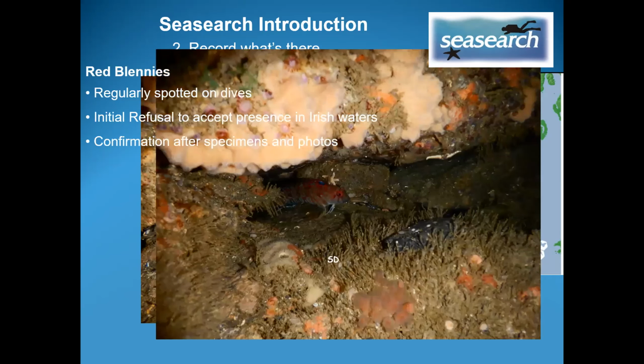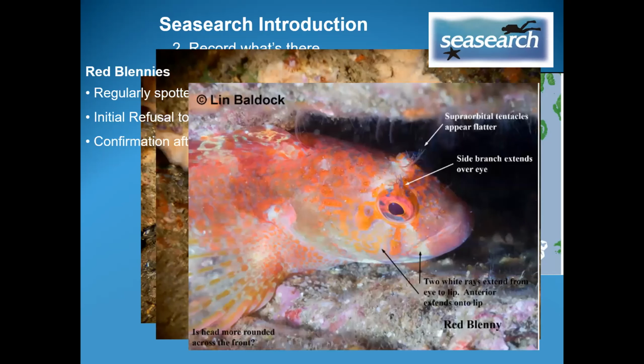If I expand that a little bit more, I can see I've got the blue dot on the fin, which is quite diagnostic for breeding males. But if I refer to Lynn's photograph, which I think I got permission for, Lynn is basically saying you need to look at the tentacles.